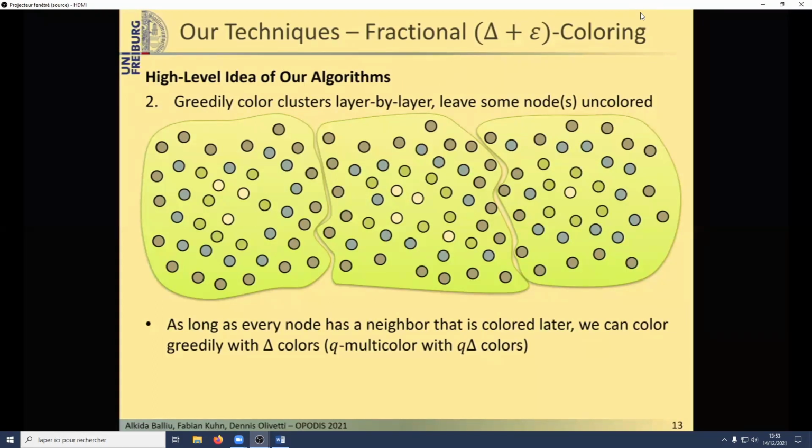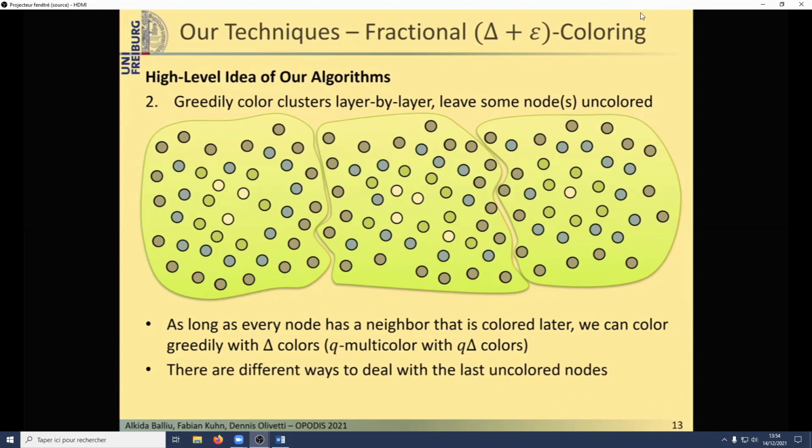You have a slack of one. You have one more color than your degree, and therefore we can just greedily color, or use some degree plus one coloring algorithm, or we can also multicolor. So this we can do efficiently.